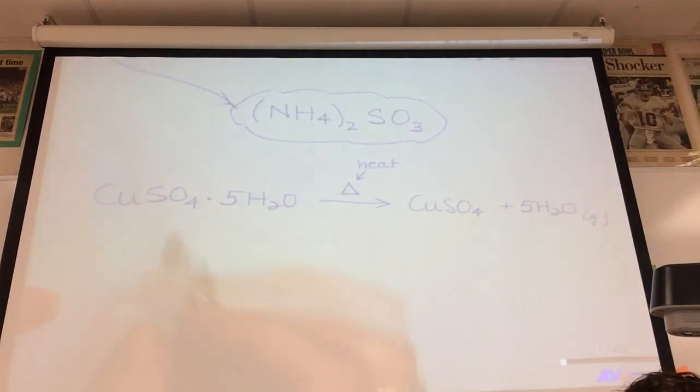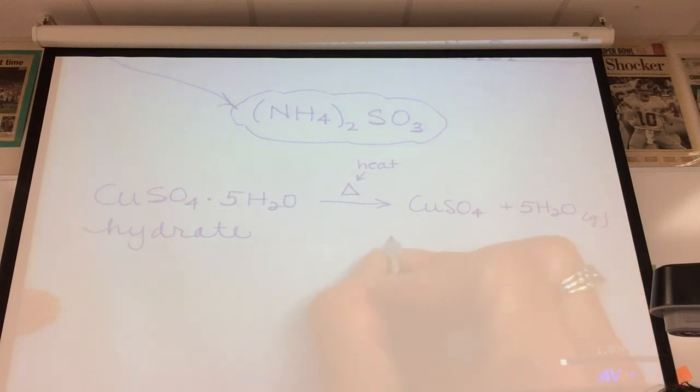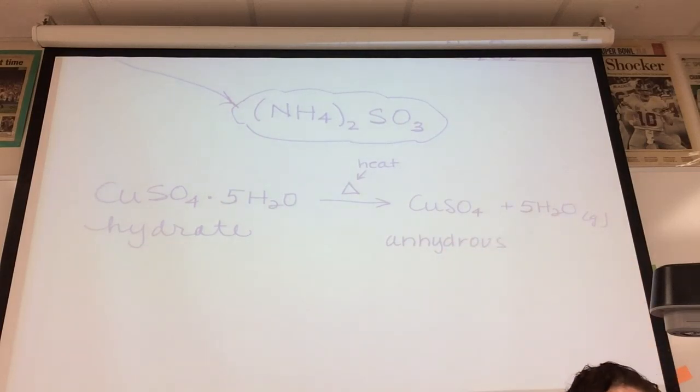This is the hydrate, the ionic compound that contains water in the crystal lattice. When it's without water, we say it's anhydrous material. So an is a prefix that means not, like anomaly, normal versus abnormal.